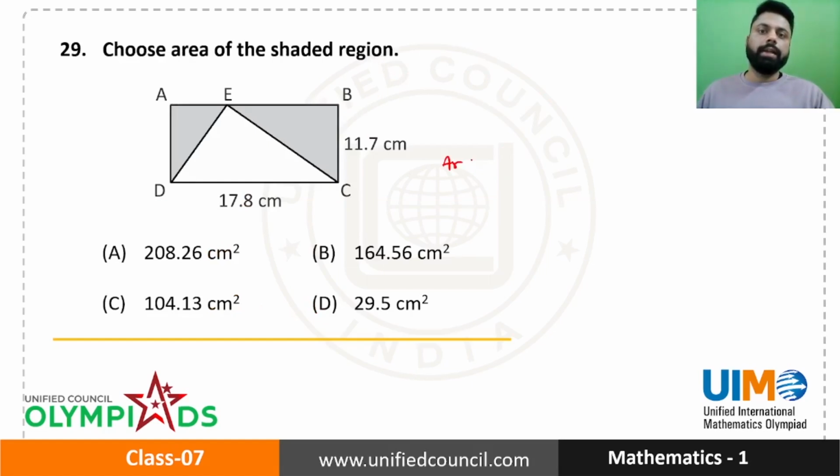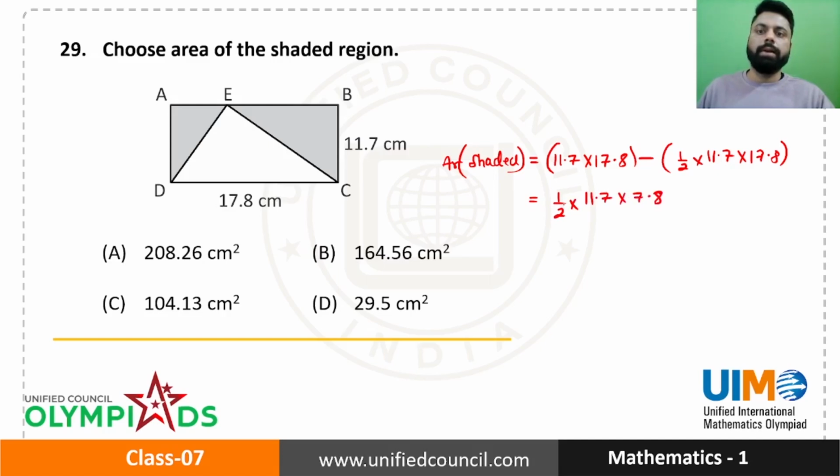So area of shaded region will be equal to 11.7 multiplied by 17.8, area of rectangle, minus half of 11.7 multiplied by 7.8. This is 3.9. 11.7 multiplied by 3.9.